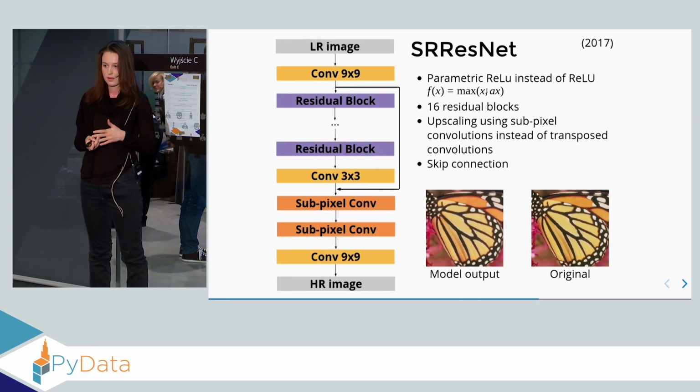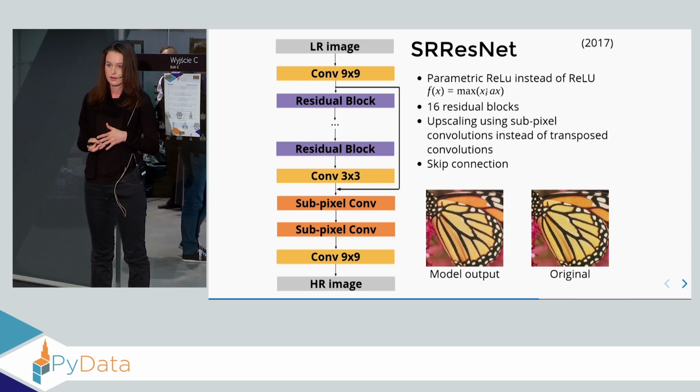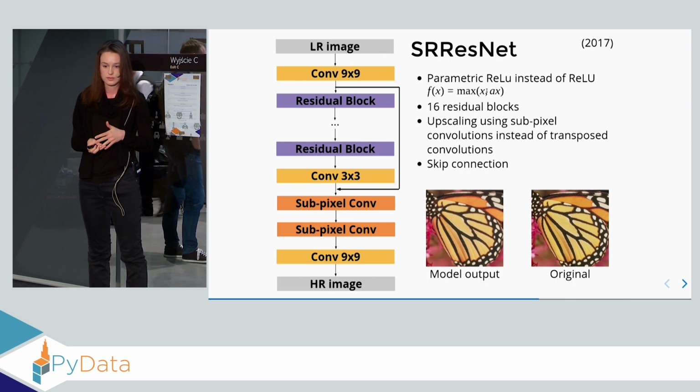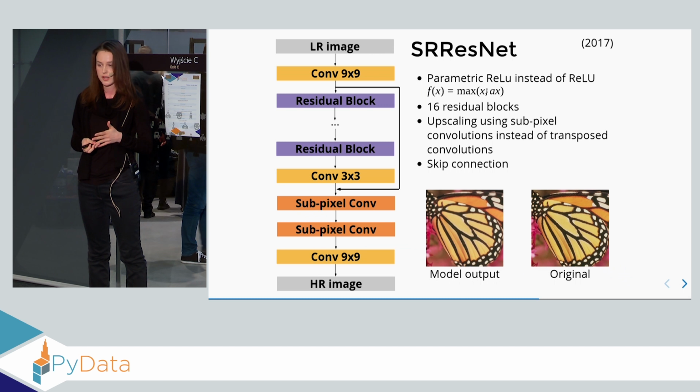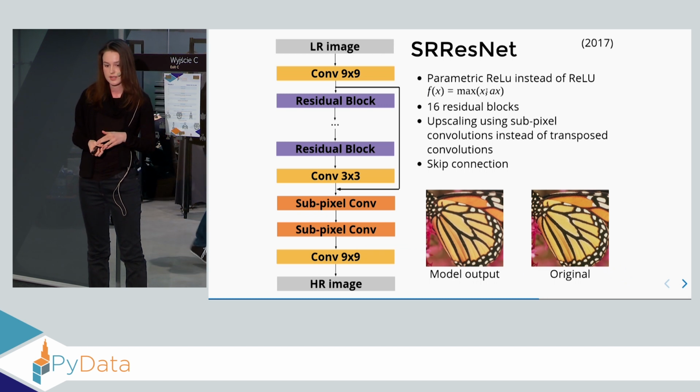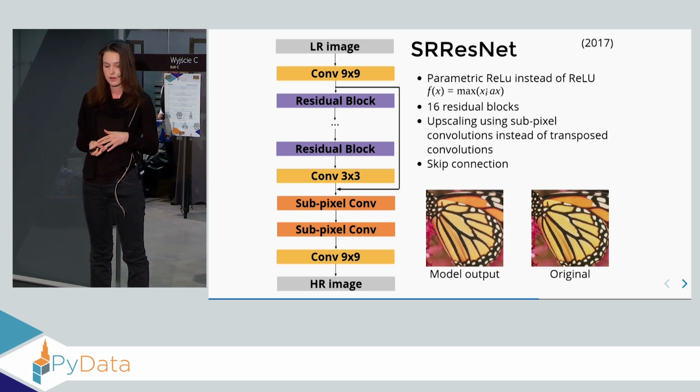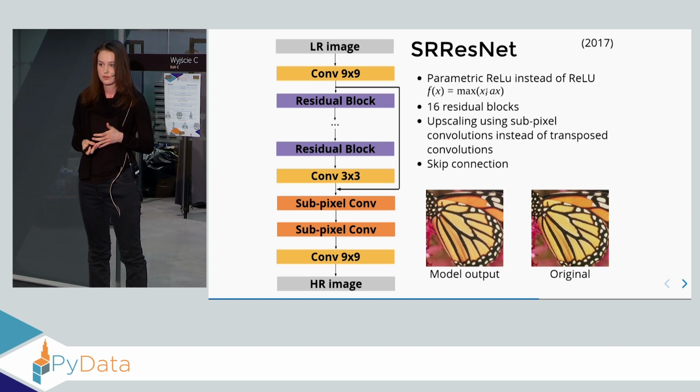Okay, so maybe we'll switch back to optimizing the mean squared error, and we took last year's state-of-the-art model, which is SRResNet, which is a much deeper network.